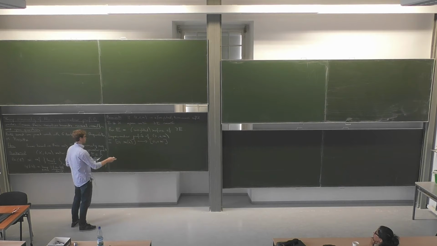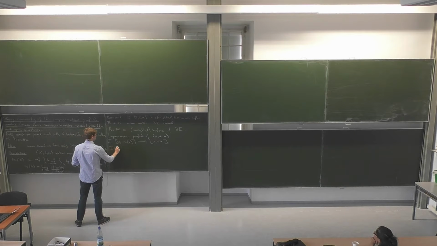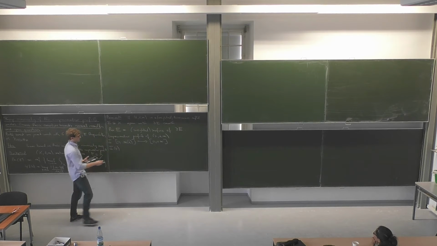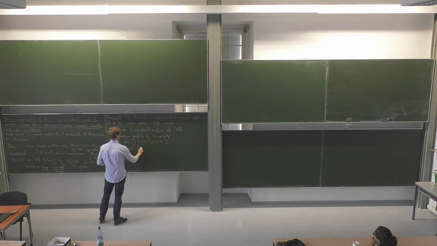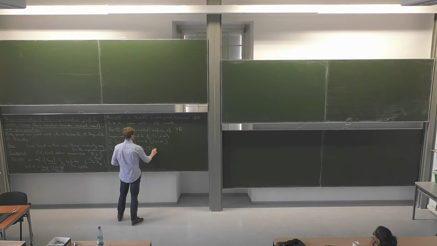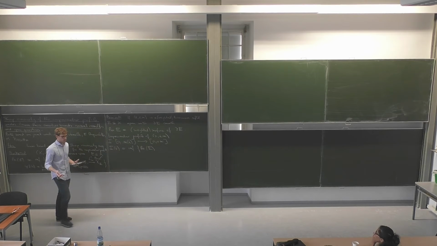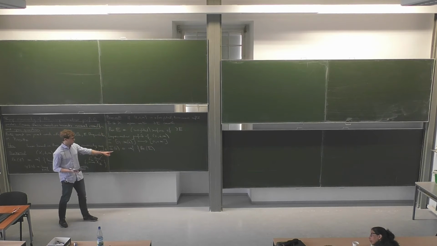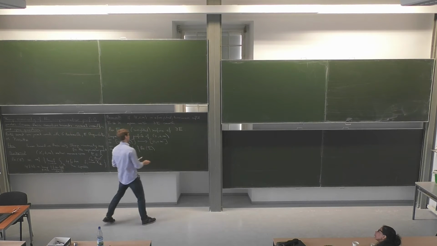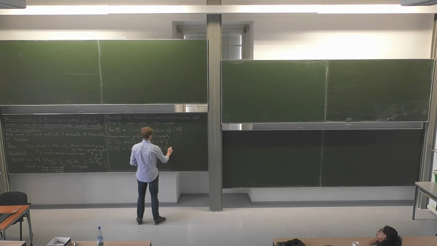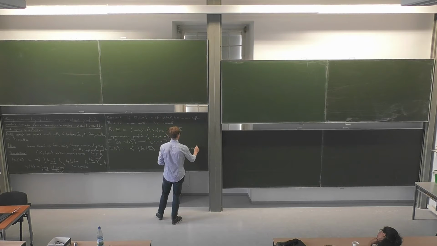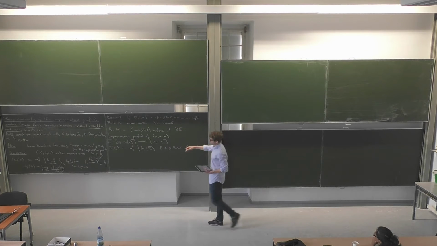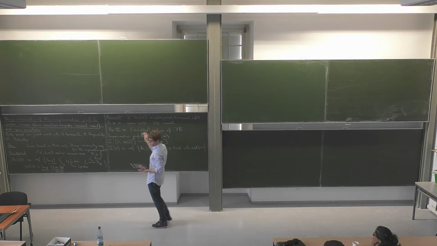You pick any volume, and the value of the isoperimetric profile at that volume is defined to be the infimum of the perimeter of E, where you take the infimum among all competitors which are subsets of X with volume equal to V. So you take E contained in X, Borel, with the measure of E being equal to V. And this you can do for any value of the volume between 0 and the total mass of your space.